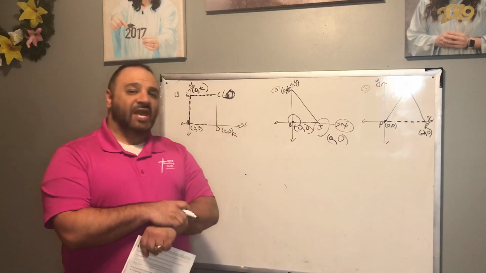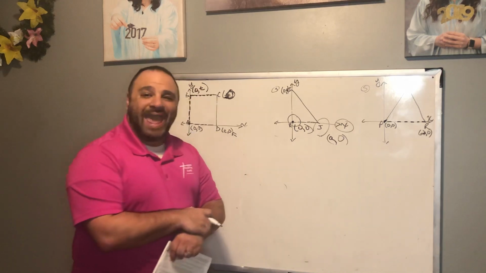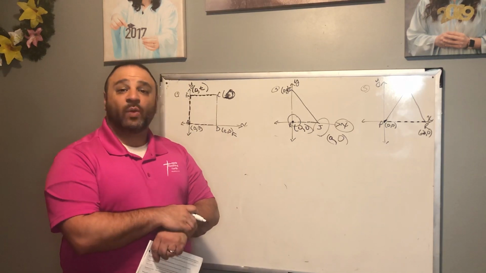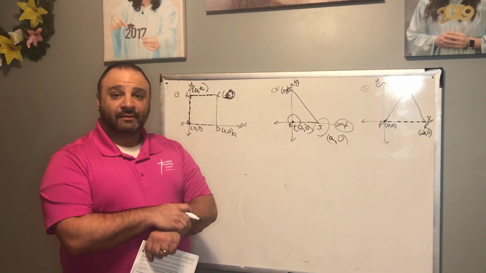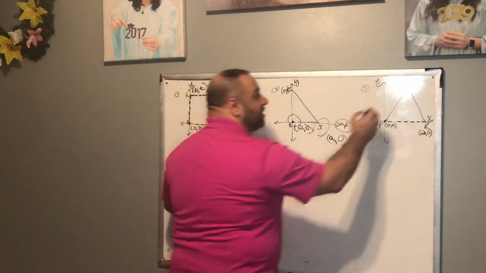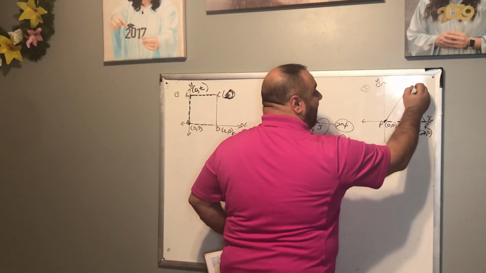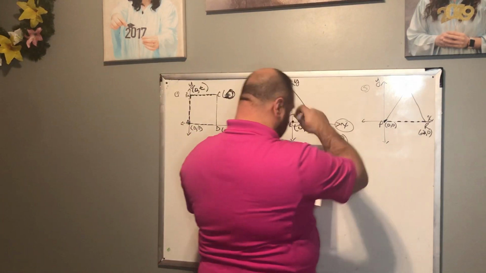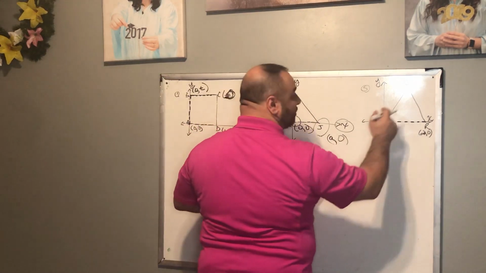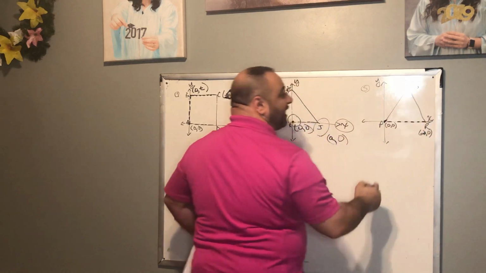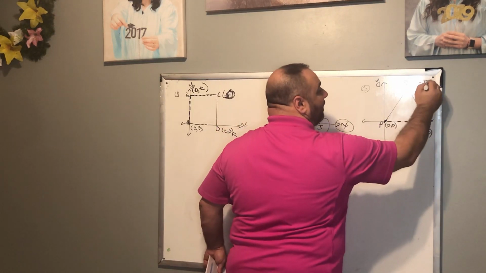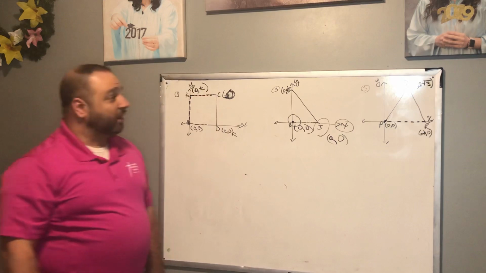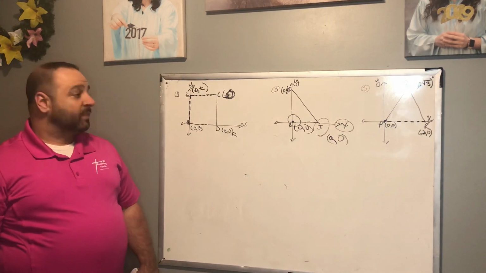How do I find the side of an equilateral triangle? Wouldn't it be A times the square root of 3? Yes. So this would be simply A times the square root of 3. Now we want to look at the first coordinate here. So obviously we have A. And then the second one would be A times the square root of 3.